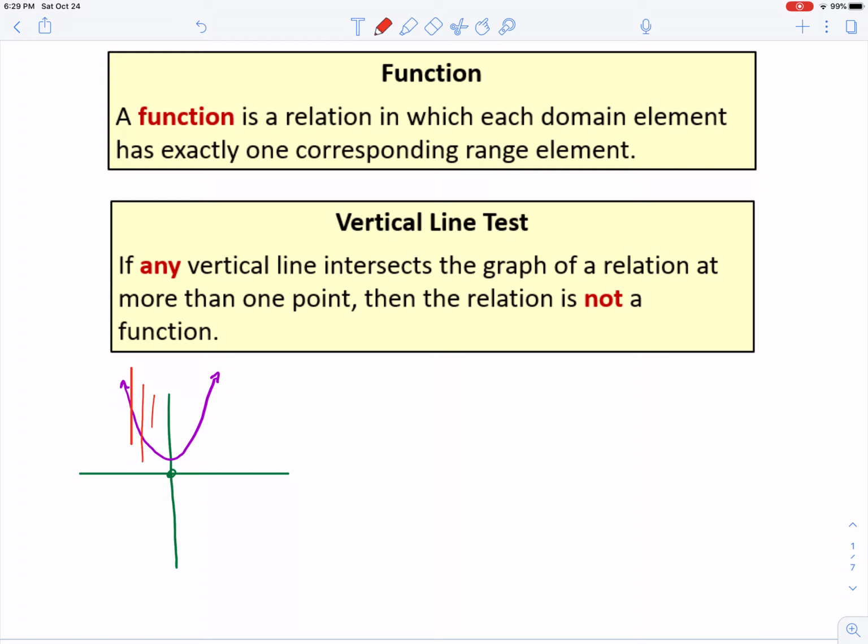And you want to think of every possible vertical line that you can think of here and see if there is a vertical line that you could draw that would touch this graph, this purple parabola, more than once. As long as the vertical line touches only once, then this identifies something that is a function, because to each x, only one y is assigned.